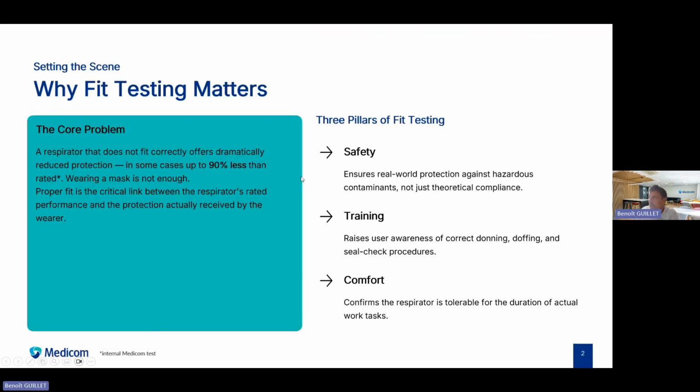One of the biggest misconceptions in respiratory protection is the idea that certified respirators automatically guarantee protection. Because my respirator is certified, there is a CE mark, it guarantees protection.